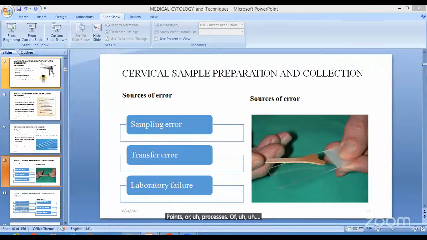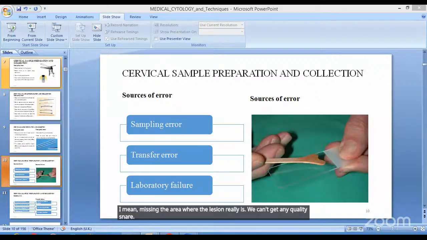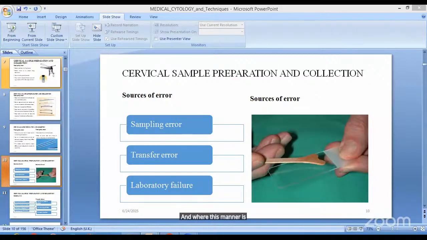When there is improper collection of sample, I mean missing the area where the lesion really is, we can't get any quality smear. And where the smear is scanty, it wouldn't be satisfactory really.